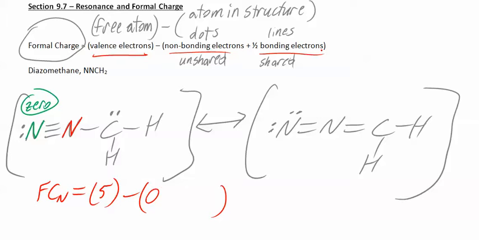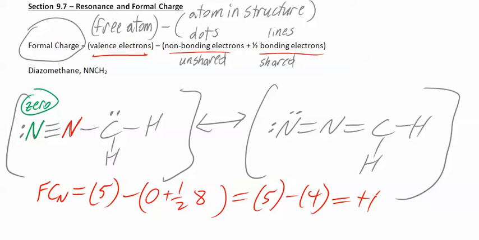Bonding electrons, it has a full 8 that it's sharing, 2, 4, 6, 8 from those 4 bonds, but we only take half of those 8, half of the shared, so that's 5 minus 4, and that leaves us with a +1 formal charge on this nitrogen. If it's used to having 5 negative electrons in its valence shell and it only has 4, that's 1 fewer negative, leaving behind a positive.